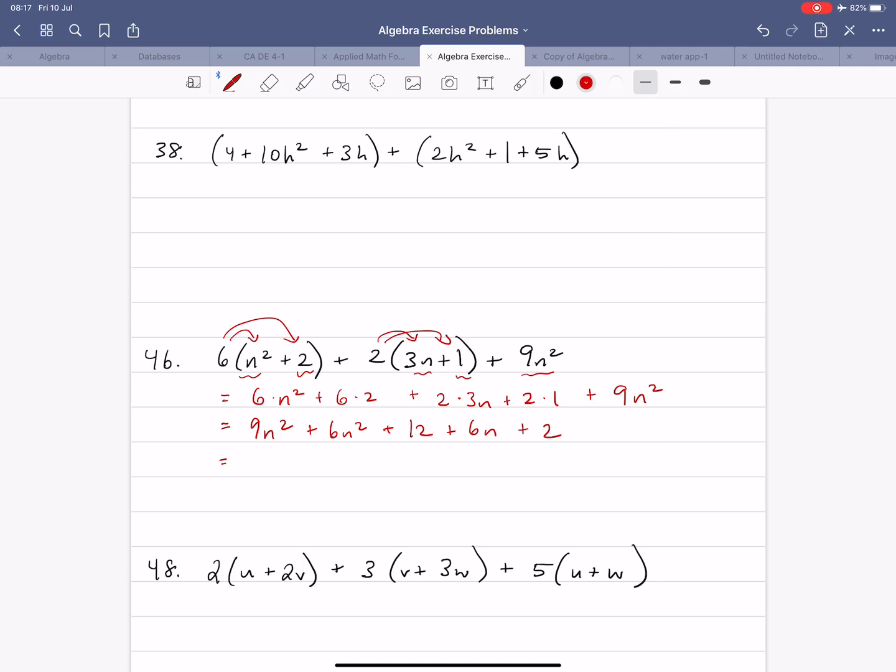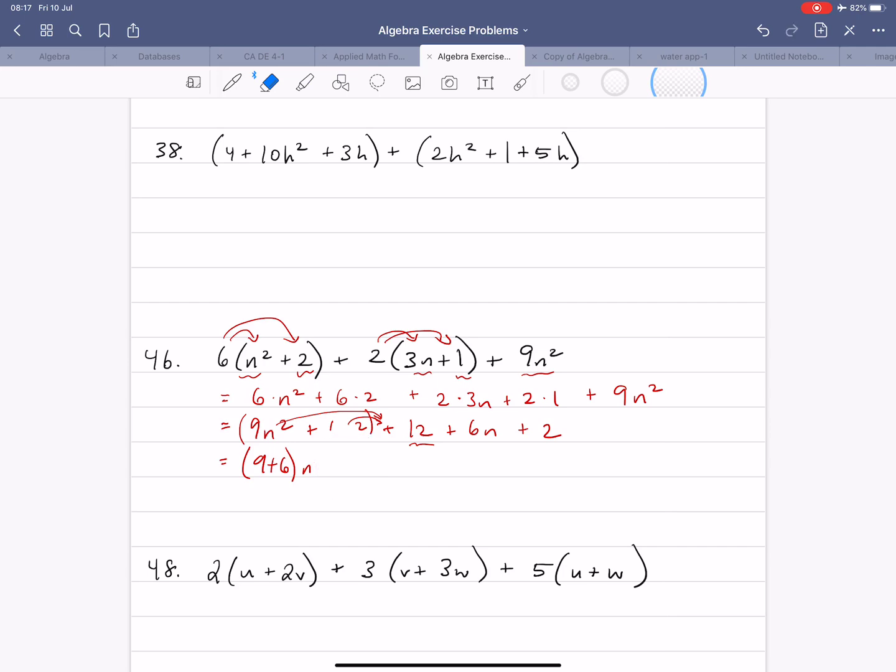So to simplify this further, I'm going to apply the distributive property to this, right? Each of these terms has a common n squared that I can pull out. So this will be 9 plus 6 n squared. And then I can combine my 12 and 2.